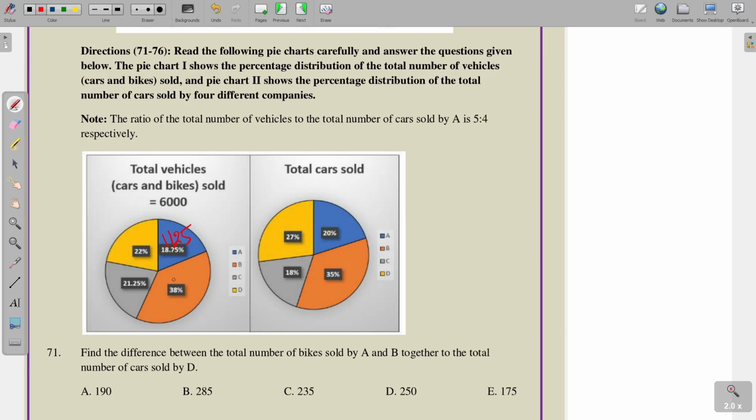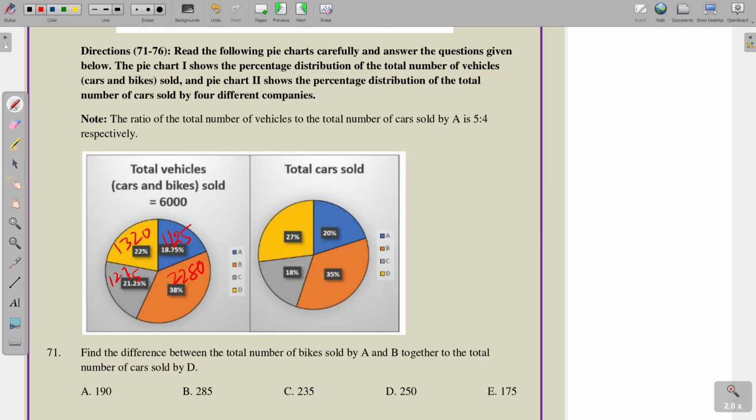In the same way, the percentage of this one is 2,280, of this one is 1,275, and of the next one is 1,320. In these, total cars and bikes are there, so the remaining after subtraction of cars are bikes.